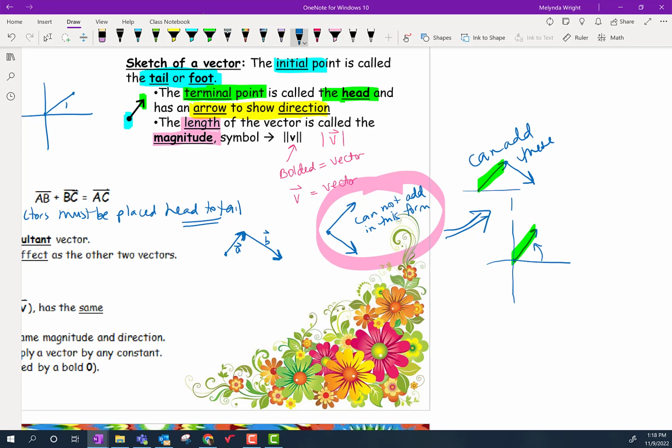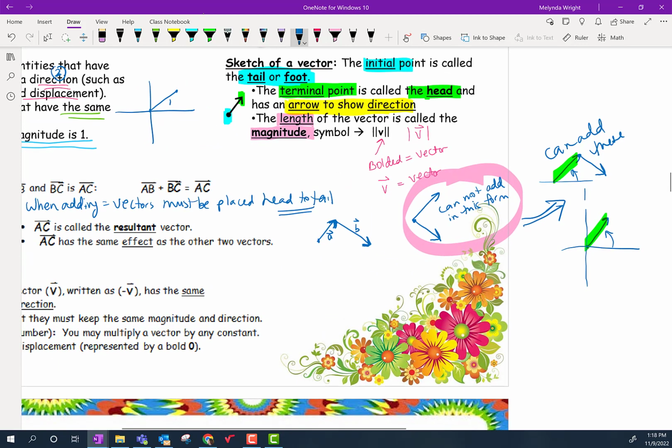Is that angle measure the same as this angle measure? And it is. So it has the same direction. The direction has to do with an angle measure. But it can be slid anywhere on the page. It doesn't have to be lined up with the origin, although I would recommend lining it up with the origin. It makes our life easier. Okay, any other questions?